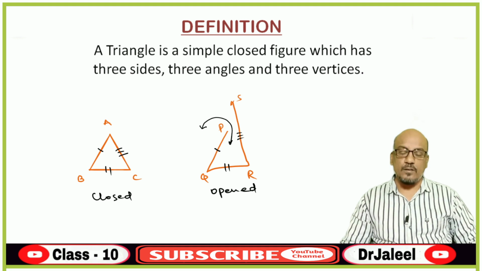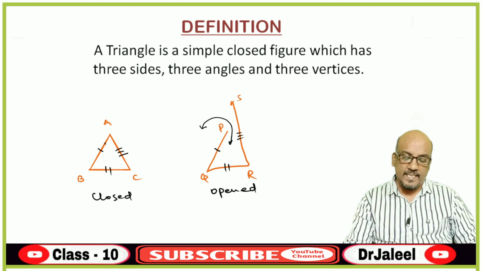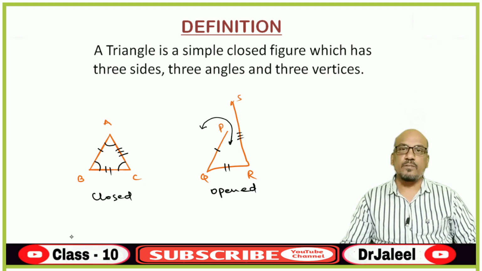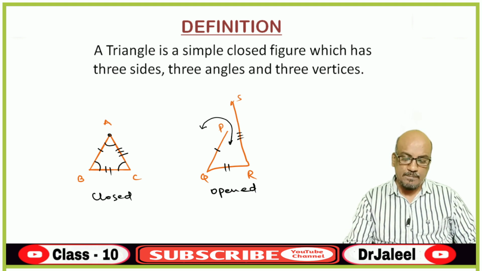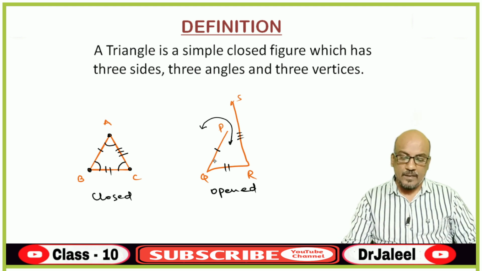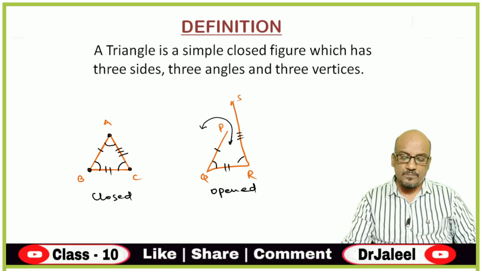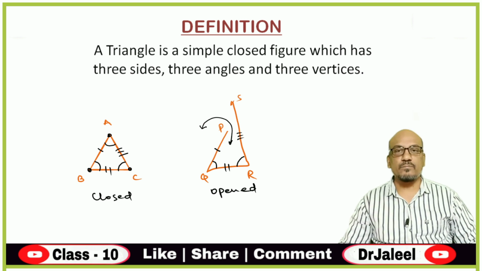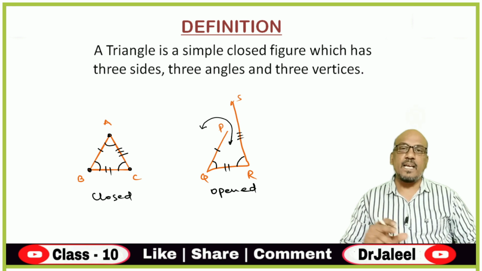And if you observe, in the left side figure we have 3 angles, angle A, angle B, angle C, and 3 vertices. Vertices mean these end points. But the right side figure, which is open, has only 2 angles, Q and R. Triangle has 2 words: tri means 3, and angle. So a triangle is a figure which has 3 angles.